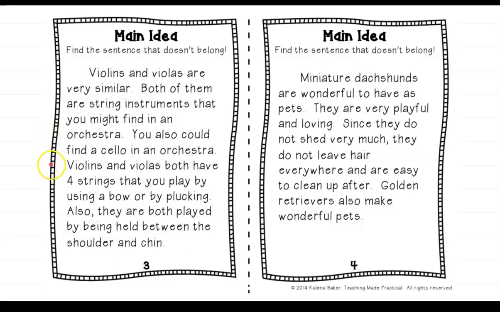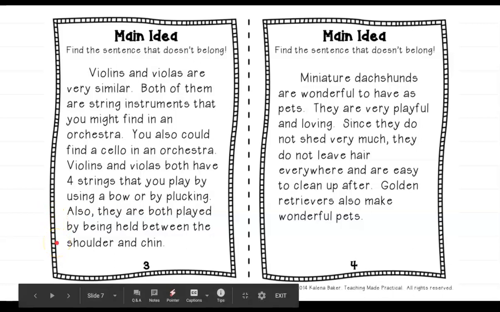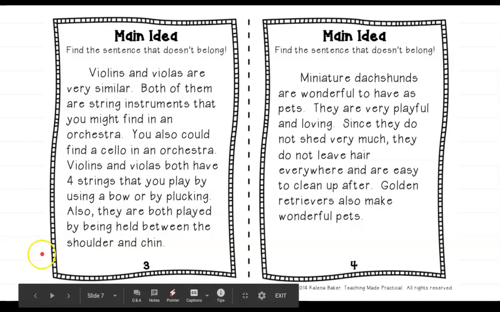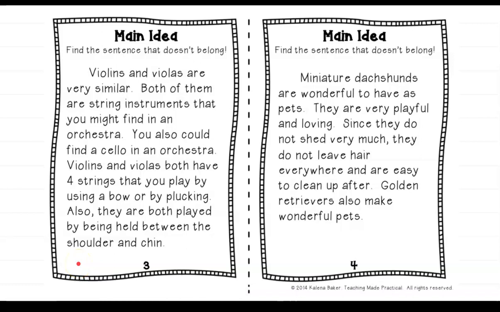Violins and violas both have 4 strings that you play by using a bow or by plucking. Also, they are both played by being held between the shoulder and the chin. So take a few seconds, read that through, think about which sentence doesn't really need to be there. Pause this and jot it down, and we'll check on the next slide, okay?